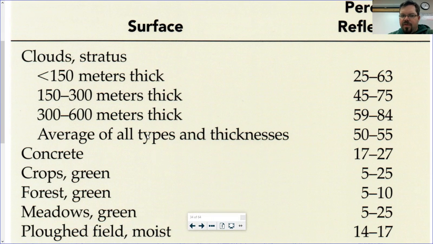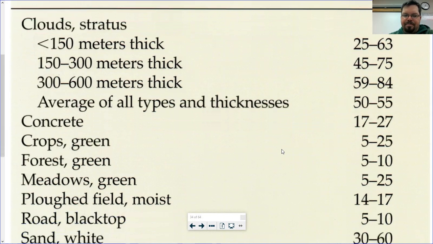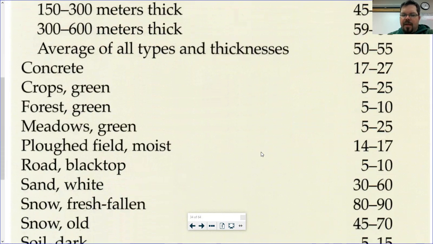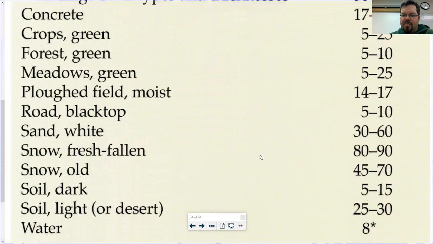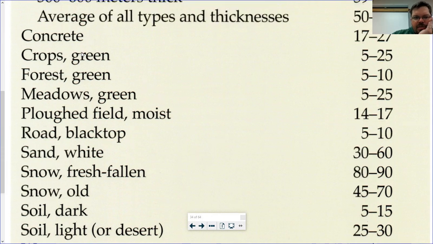So clouds and things like that, pretty decent albedo, 25 to maybe 55%. So clouds are a pretty good reflective surface, right? But then as you look down at this list, things like concrete, crops green, forests green, meadows green, roads, blacktop, sand, plowed field, these are all pretty low albedos.